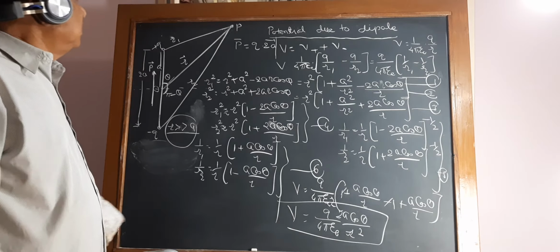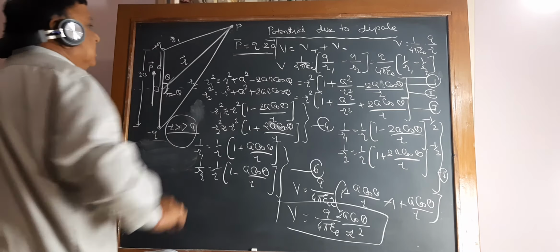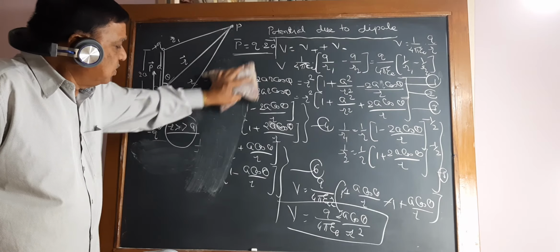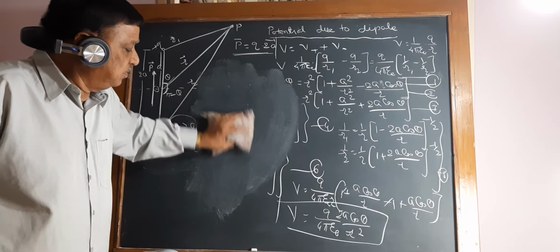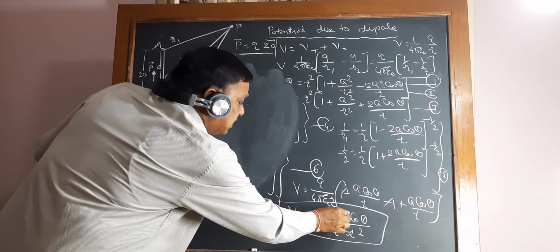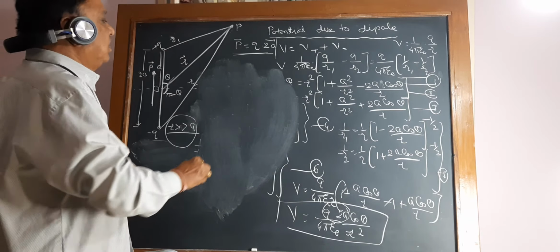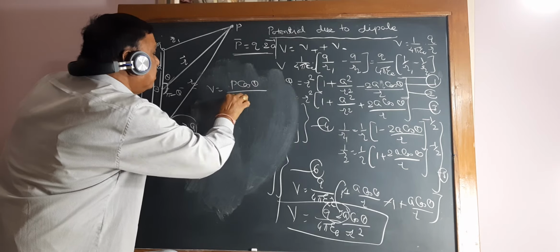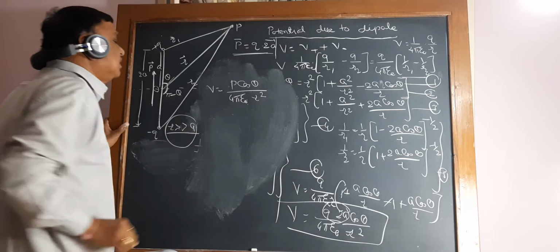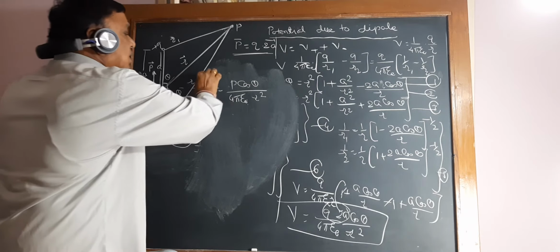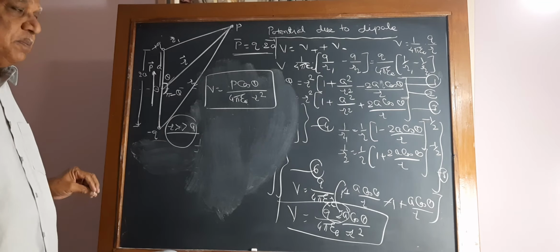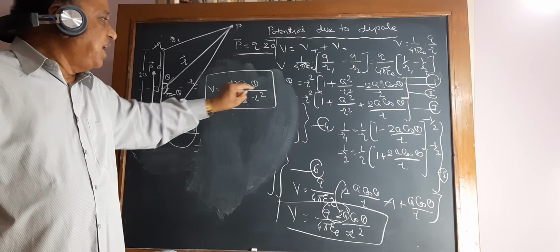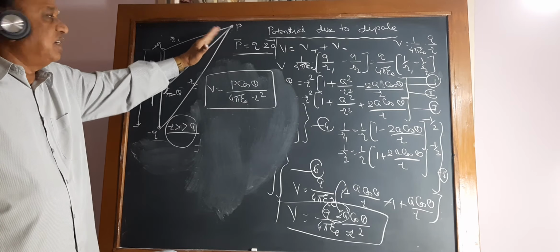Now, definition: P equal to Q into 2A. So we can write this as P. So V equal to P cos theta upon 4 pi epsilon 0 r square. Means potential due to dipole depends upon P and also the angle theta between the position vector r and the dipole moment.